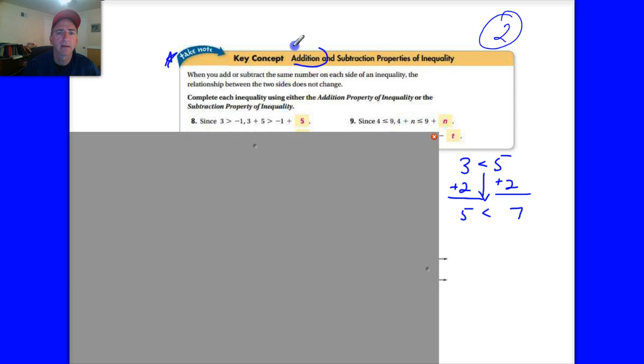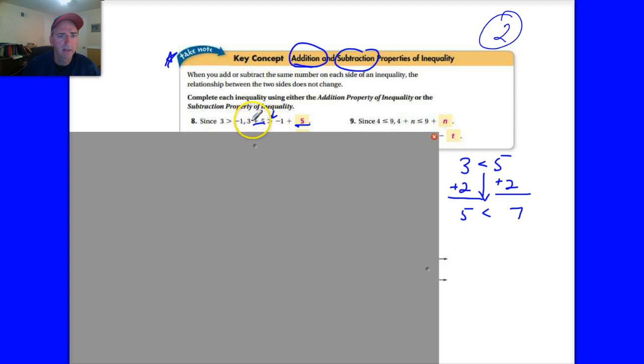If you add or subtract the same number to both sides of an inequality, that sign won't change. Okay, so you're just going to solve that equation as though it were an equal sign if you're adding or subtracting. Like, look at here, 3 is greater than -1, so they added 5 to both sides, and the sign wouldn't change.